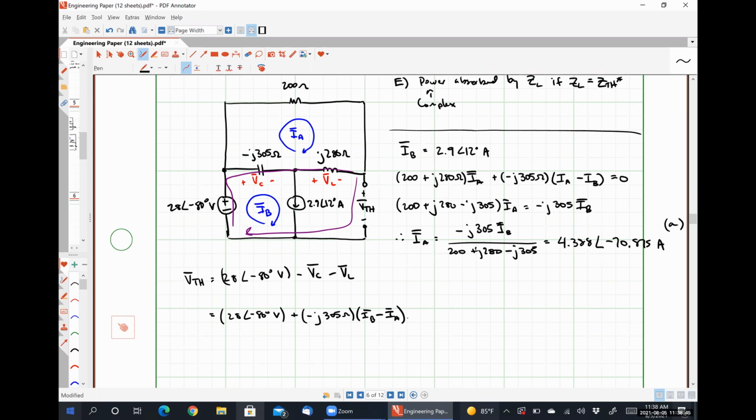And what is VL? 280 J times IA times negative IA. Yes, times negative IA. Yeah, negative IA because that current mesh current IA is flowing into the negative polarity terminal. So we need to account for that.